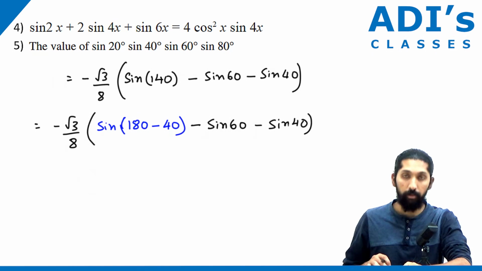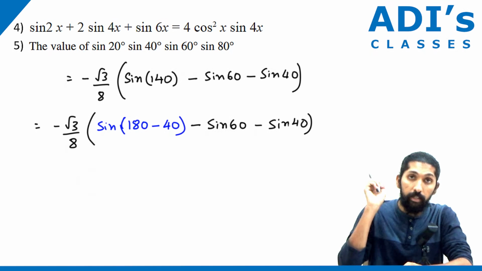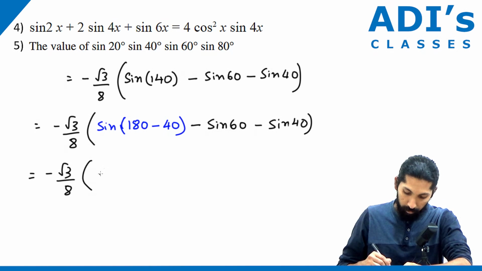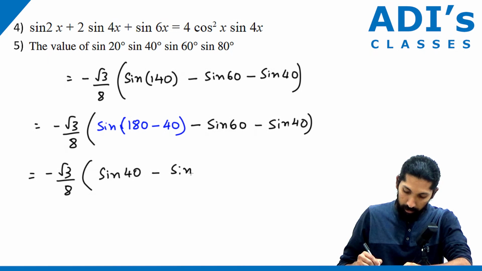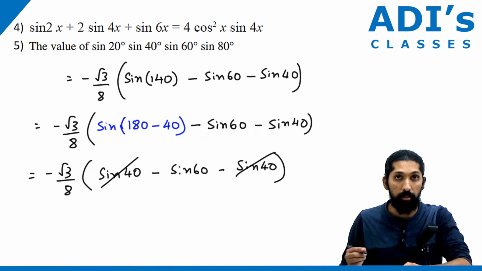No change whatsoever. What is sin of 180 minus theta? Sin theta itself. That means this is going to become minus root 3 by 8 into sin 40 minus sin 60 minus sin 40. Sin 40 cancels.